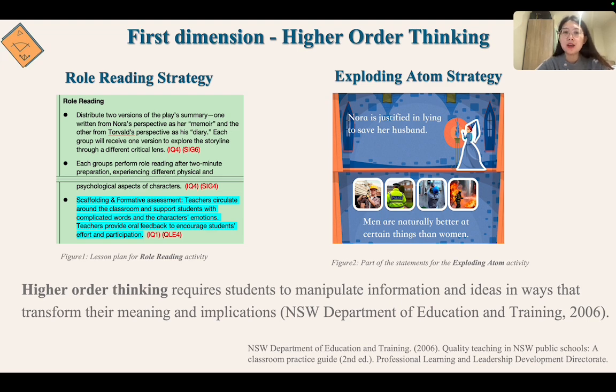Exploding item is a drama strategy that stimulates students to explore multiple perspectives on issues, ideas, or characters while moving around the classroom. Some of these statements are displayed on the right side of the slide as evidence. Students manipulate information to form new understandings and meanings, which clearly illustrates the higher order thinking process.